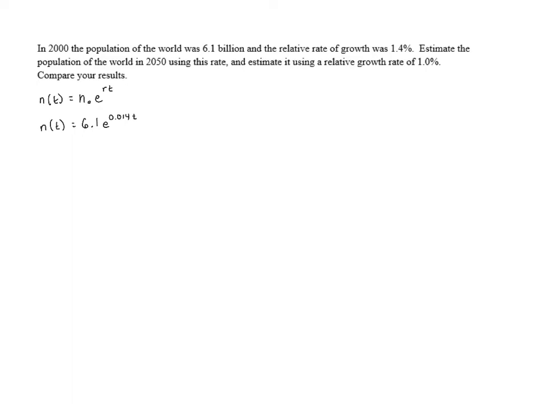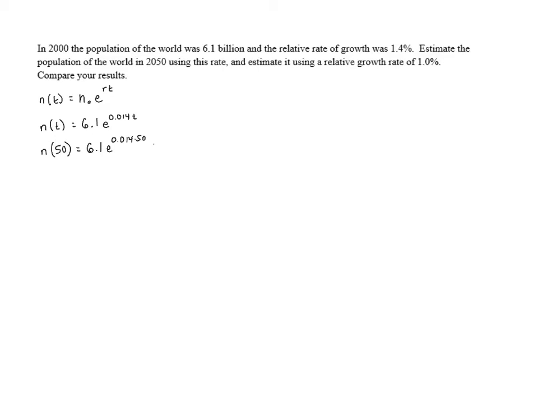Now first, we're asked to estimate the population of the world in 2050 using this rate. Well, 2050 will be 50 years past 2000. So here we need to evaluate this function at 50. So we've got 6.1 times e to the 0.014 times 50.